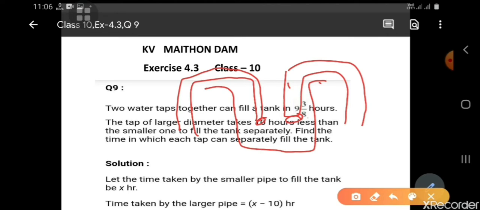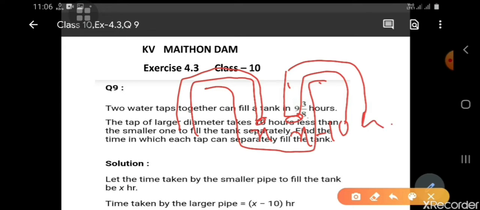If we take that the smaller pipe can fill this tank in x hours, then it is given that the larger pipe will take 10 hours less, so it will take x minus 10 hours.